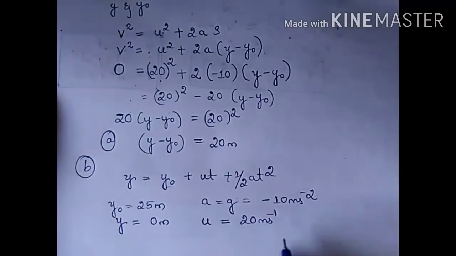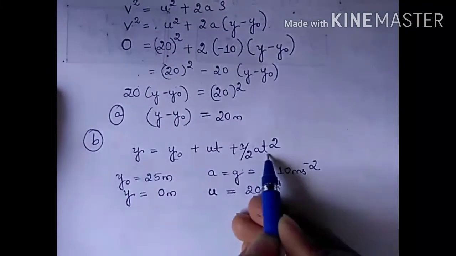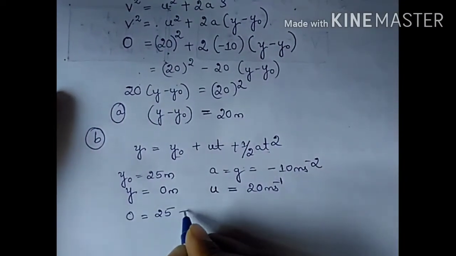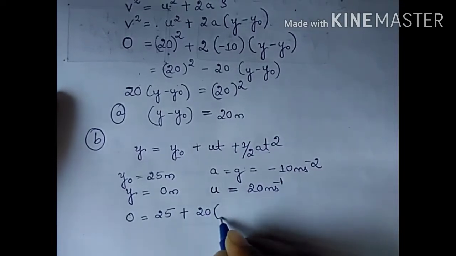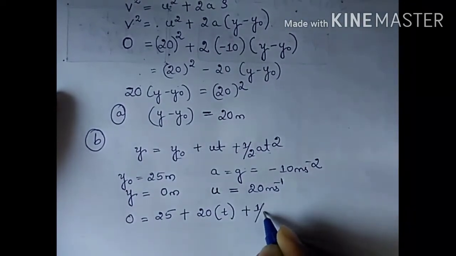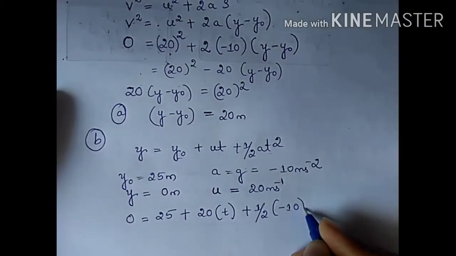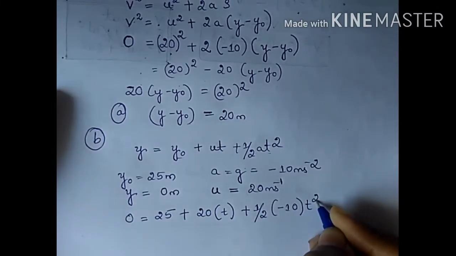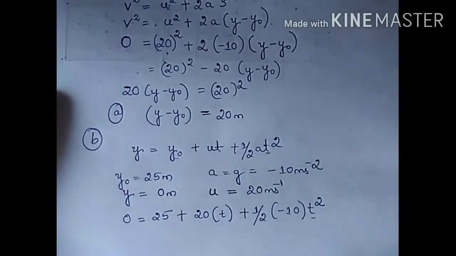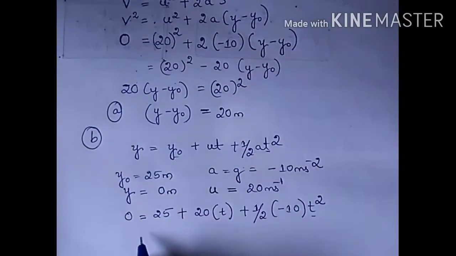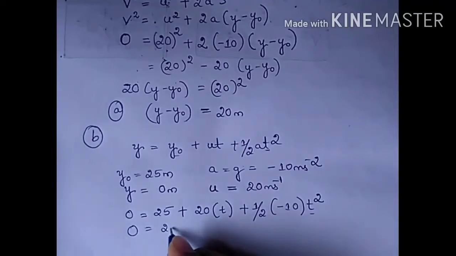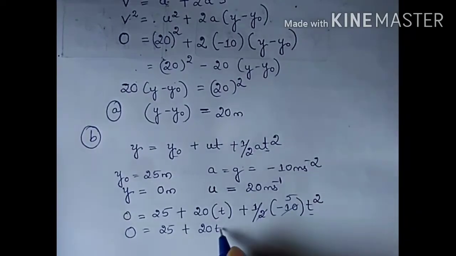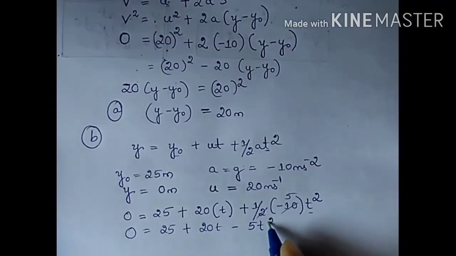Substituting these values in the equation, we get 0 equals 25 plus 20t plus half times minus 10 times t square, that is, 25 plus 20t minus 5t square.